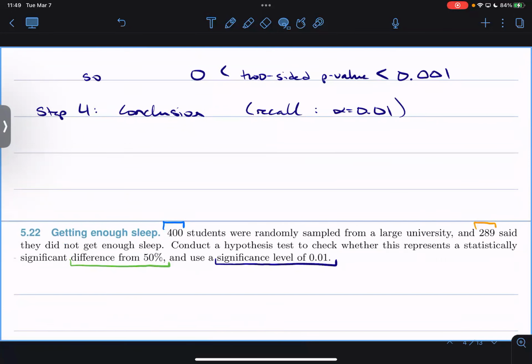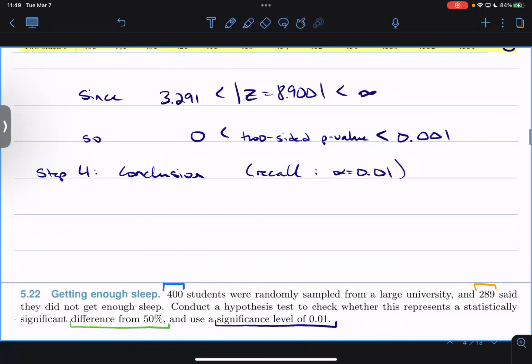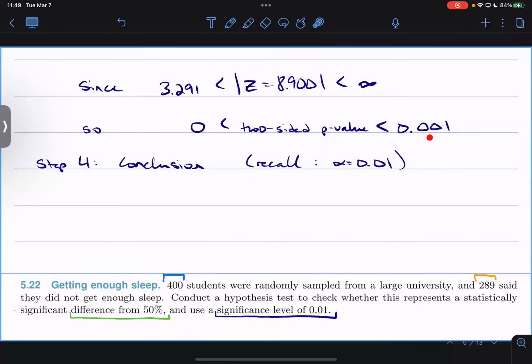Because first, it feels like you have to do a lot of work, right? First, you have to compare the p-value to the alpha level. In this case, I usually just focus on the upper end, which is 0.001, which is less than 0.01. So I'm just going to write that out in words, and that is part of your conclusion.